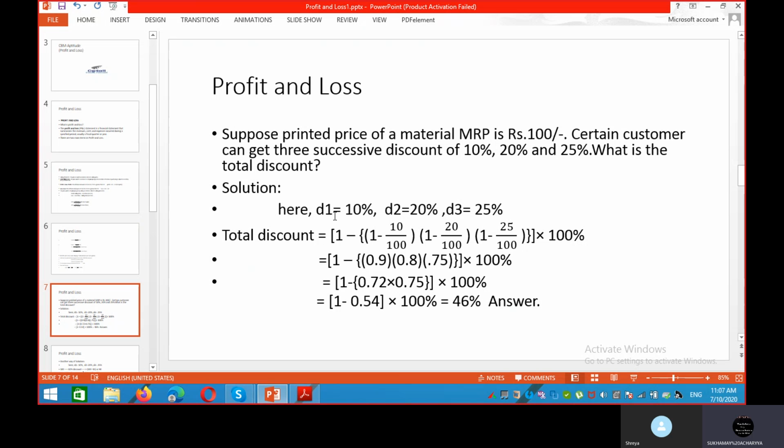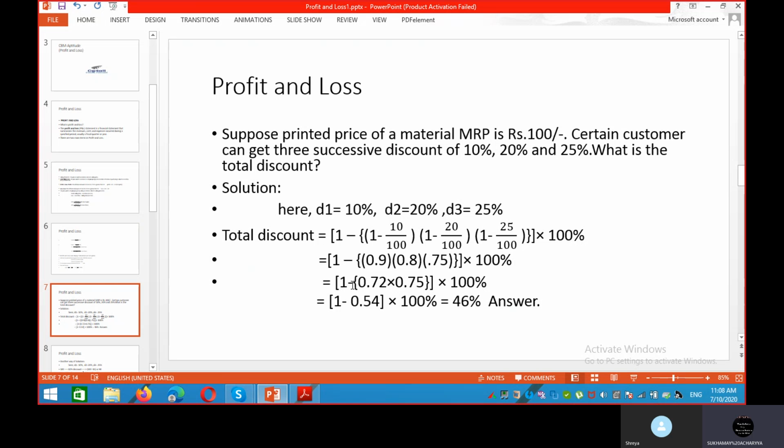Solution: here D1 is equal to 10%, D2 is equal to 20%, D3 is equal to 25%. So total discount is equal to 1 minus (1 minus 10 by 100) into (1 minus 20 by 100) into (1 minus 25 by 100), into 100%. So that is equal to 1 minus 0.9 into 0.8 into 0.75 into 100%.